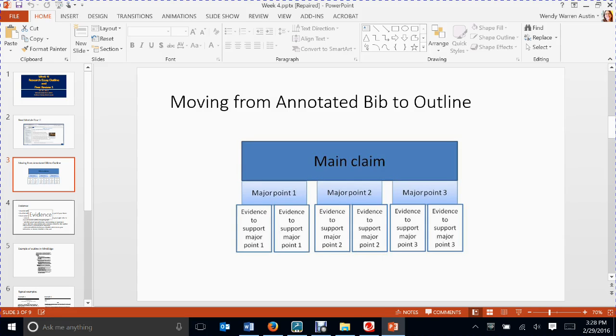Now, you're not doing a whole lot of writing the draft, but you are writing parts of it. Each of the major points should be written as topic sentences, not just phrases. And so that's a critical point to keep in mind.